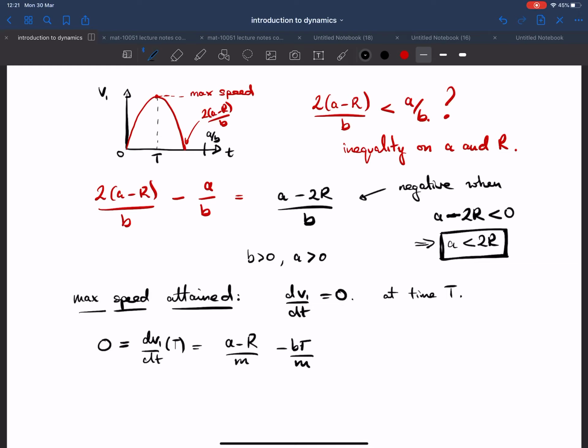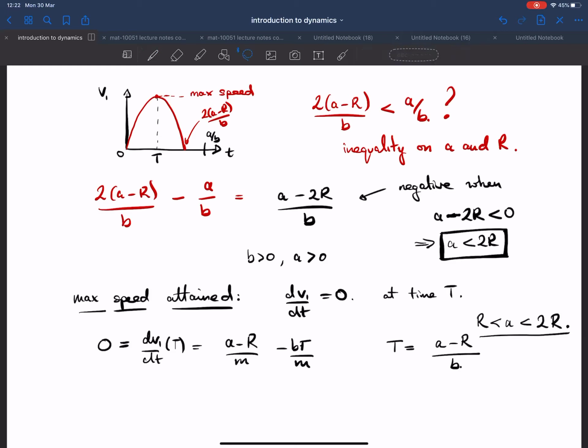So what you end up with, of course, is T equals A minus R over B. Remember that A is greater than R, and in this scenario it's less than 2R, so it's in this interval here.